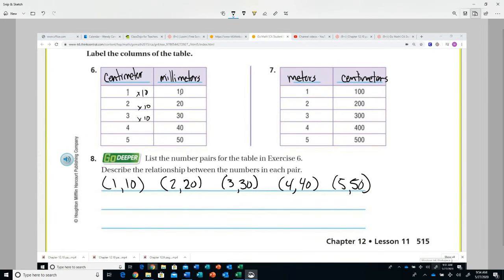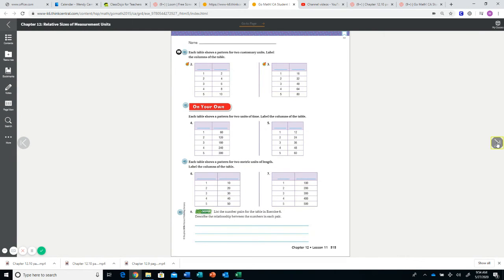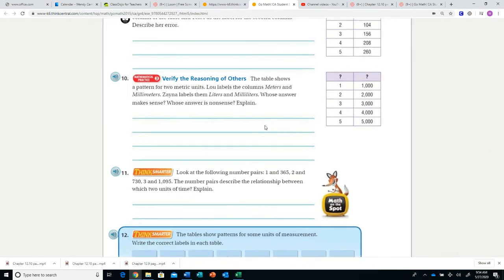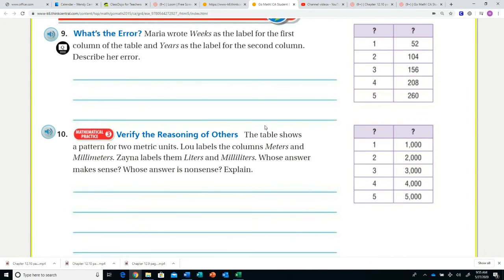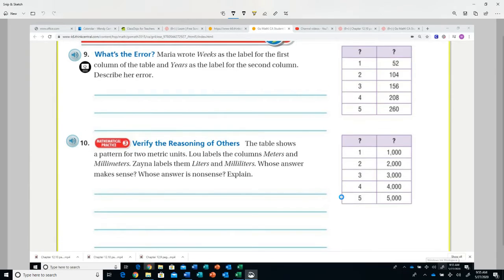All right. Let's keep moving here and see what's on 516. Let's do 9 and 10 and see where it leaves us. What's the error?